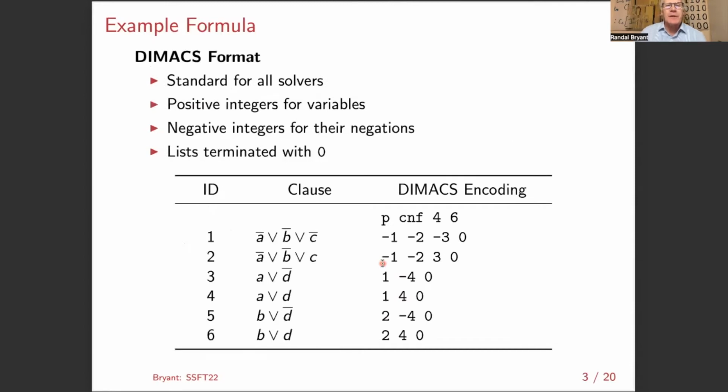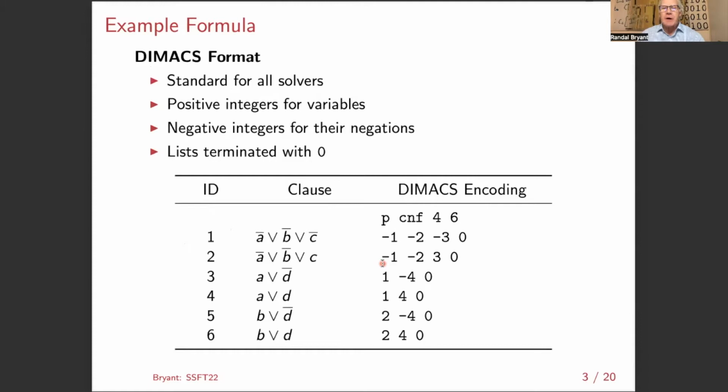So recall from last time that we had this example Boolean formula consisting of 6 clauses, and we can write that in a standard file format called the DIMACS file format, where we use positive integers for variables and negative integers for their complements.